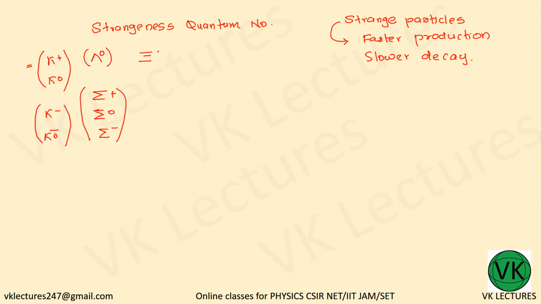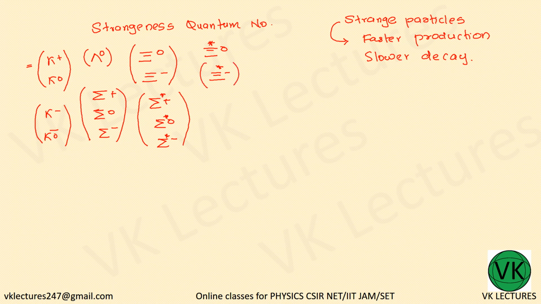Cascade naught and cascade minus are again strange particles. Similarly, sigma plus star, sigma naught star and sigma minus star are also strange particles. And corresponding to cascade, cascade naught star and cascade minus star are also strange particles. Along with that, omega minus is also a strange particle.